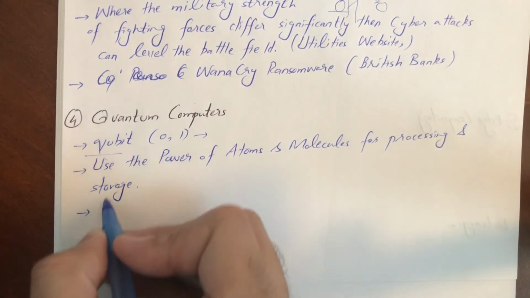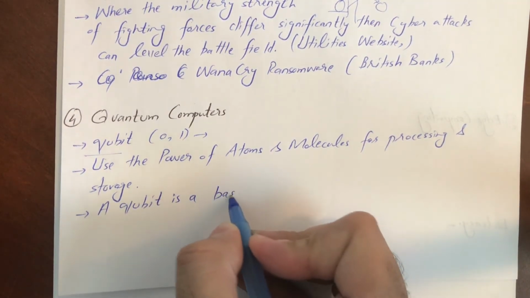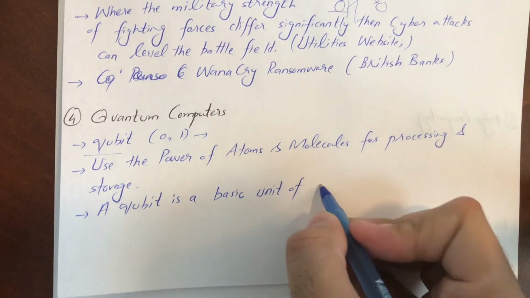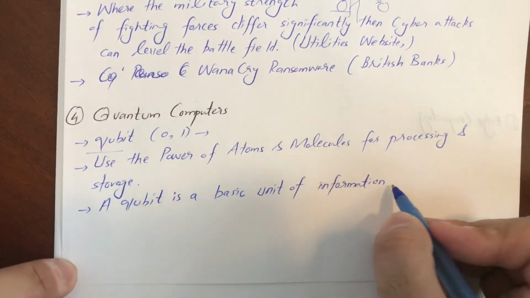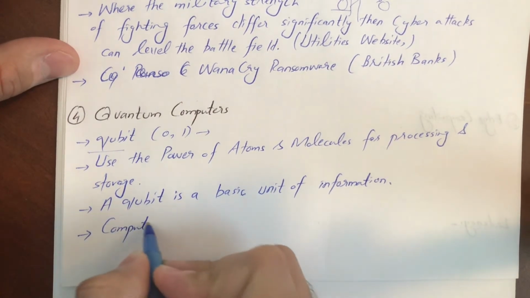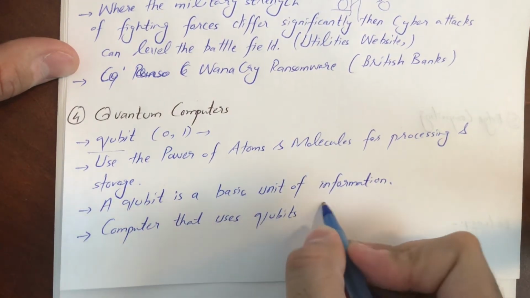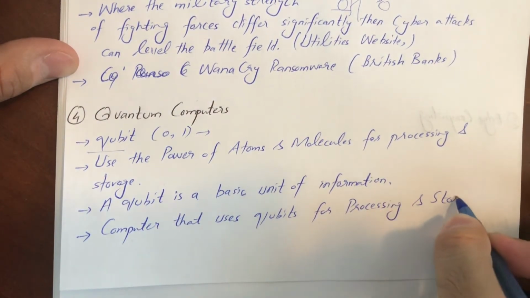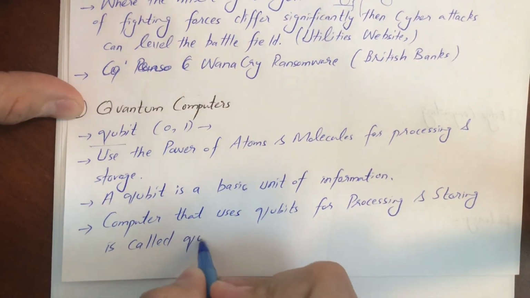Secondly, a qubit is the basic unit of information, unlike 0 and 1. It is similar to 0 and 1, but it has infinite states, as I mentioned earlier. A computer that uses qubits for processing of data and storing of information is called a quantum computer.